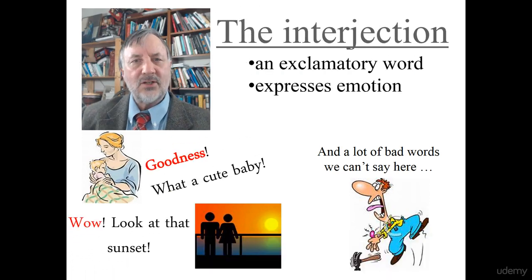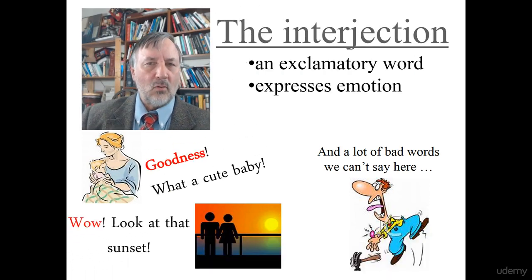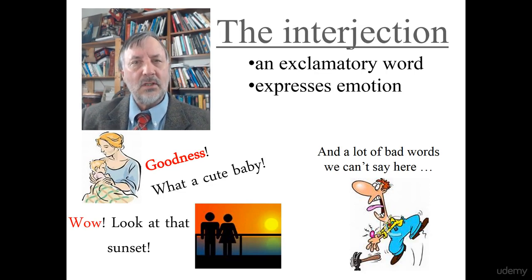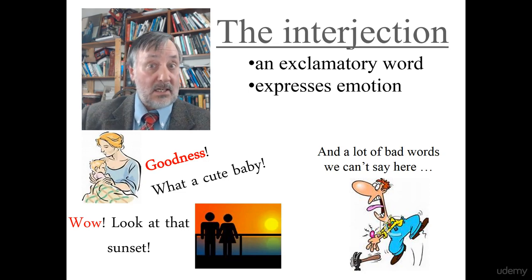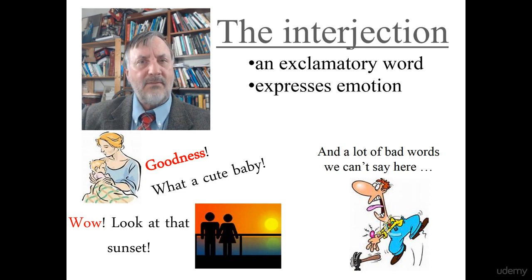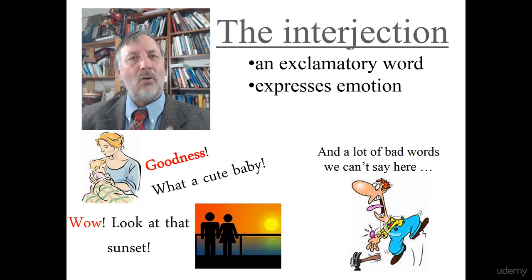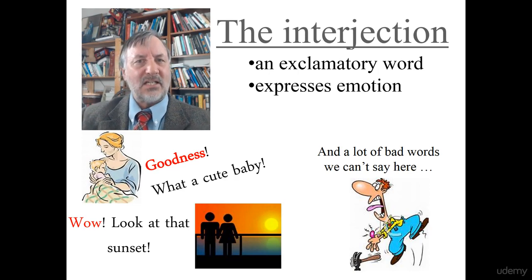The interjection is an exclamatory word, that is, it makes an exclamation that expresses an emotion, though without thought. So it does not, in the sense of I feel happy, you see, that's a thought. But wow, you did this for me. The wow is the interjection, the exclamation.